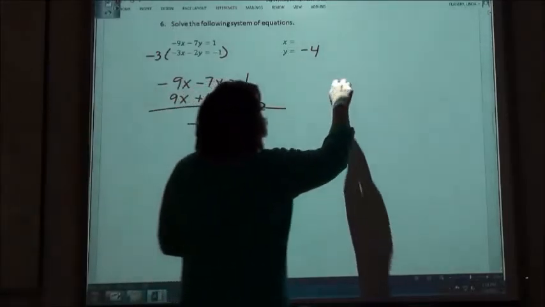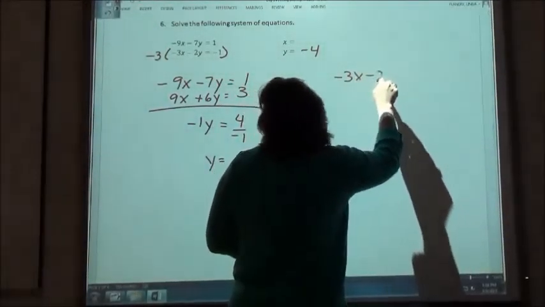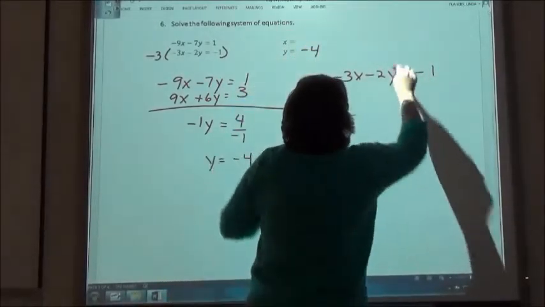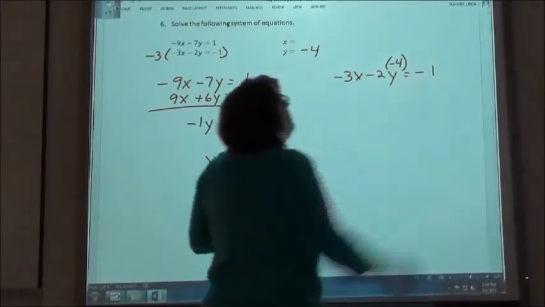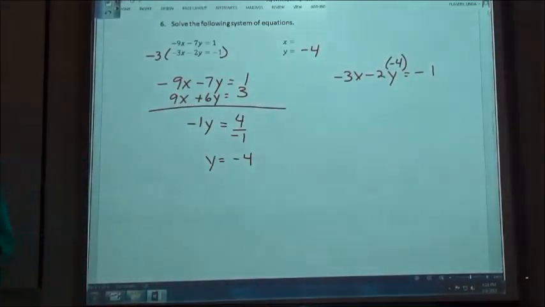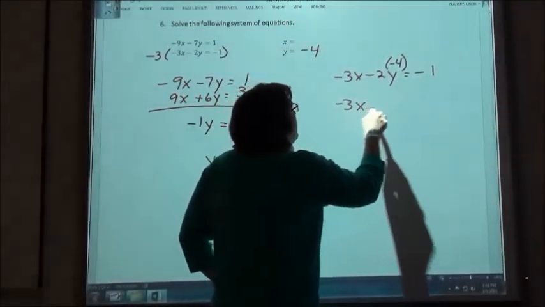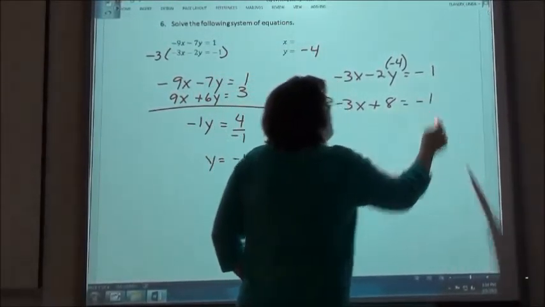So we have negative 3x minus 2y equals negative 1. We know that y is equal to negative 4. So if we multiply that out, we would get negative 3x plus 8 equals negative 1.